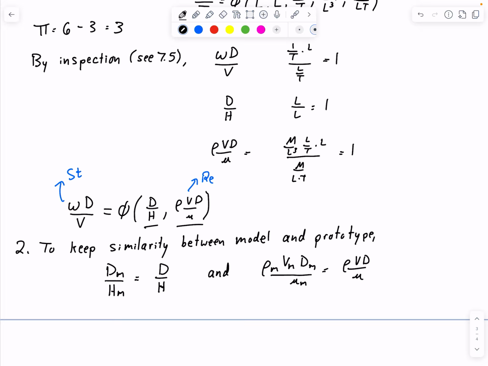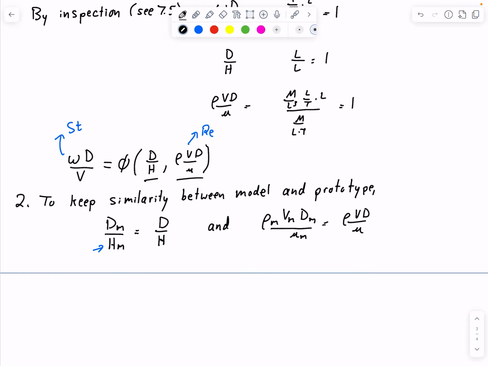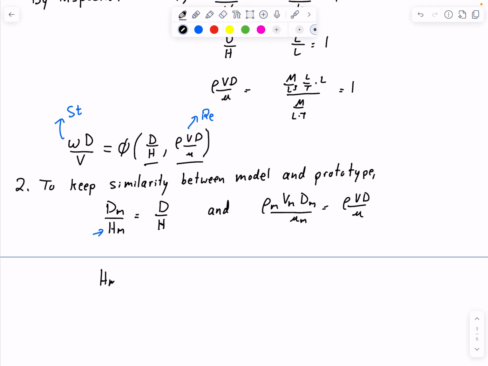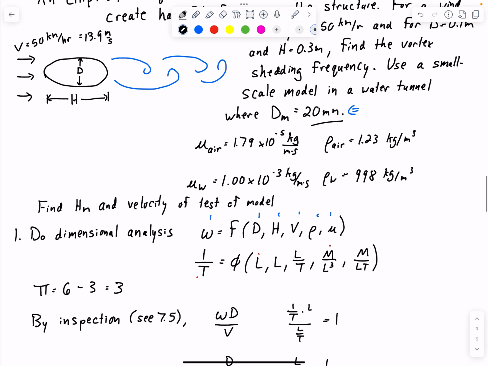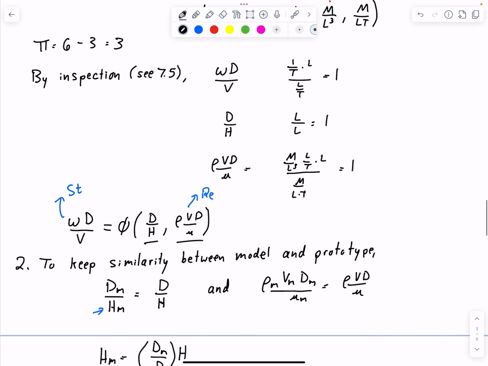Now, we were asked to find a value for h sub m right here, the length dimension of this elliptical bridge column. And this relationship gives us a way to do this. We can say straight off the bat that h sub m is equal to d sub m over d times h. We know what d sub m is. We were given this in the problem: it is 20 millimeters, so that's 0.02 meters.